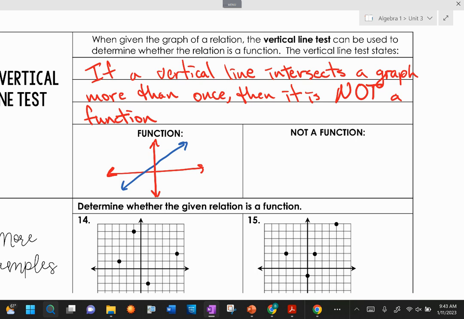If it intersects more than once, then it is not. Okay, so let me show you what that might look like. So let's say my vertical line is right here. How many times does it intersect the blue graph? Just once, right here. So that would be a function.